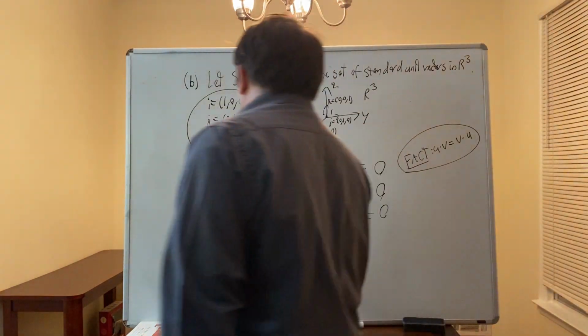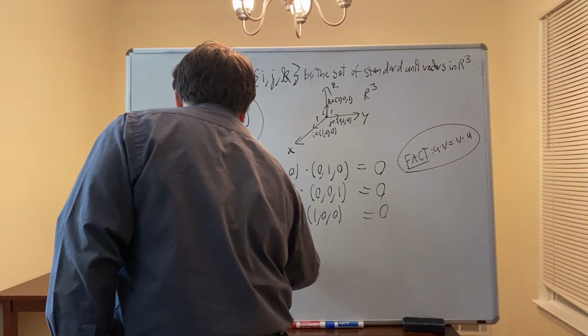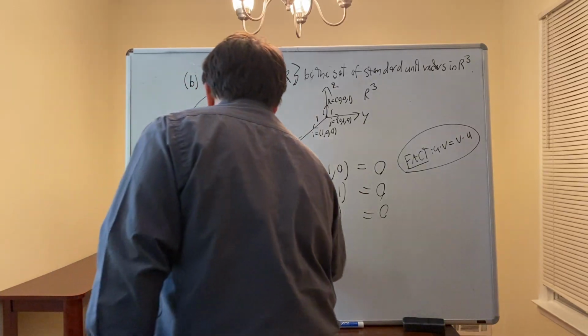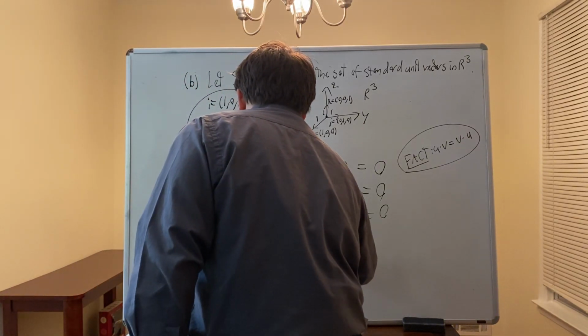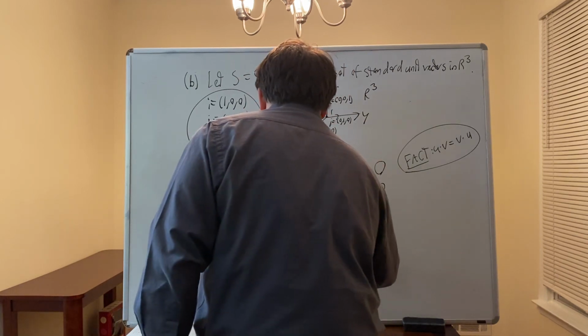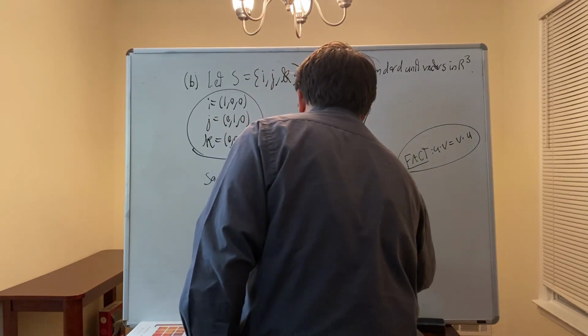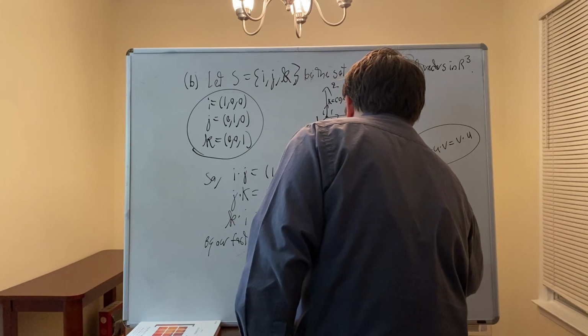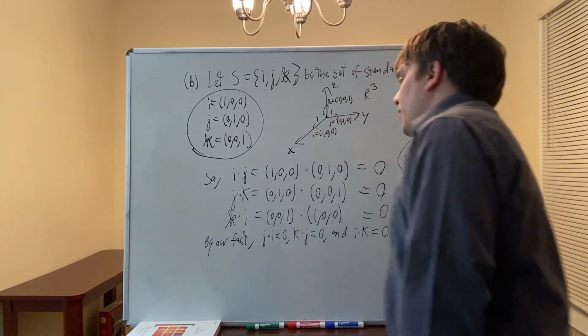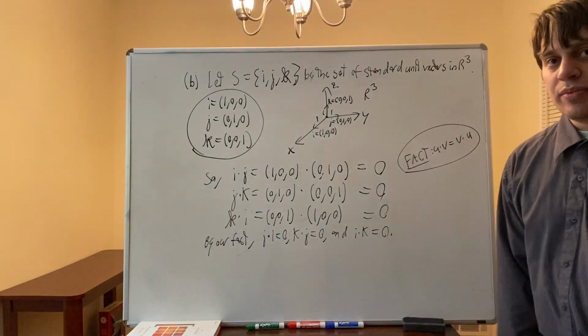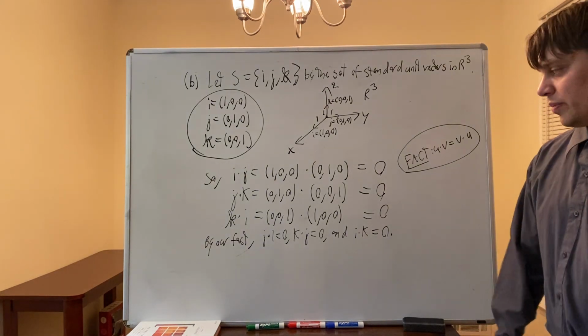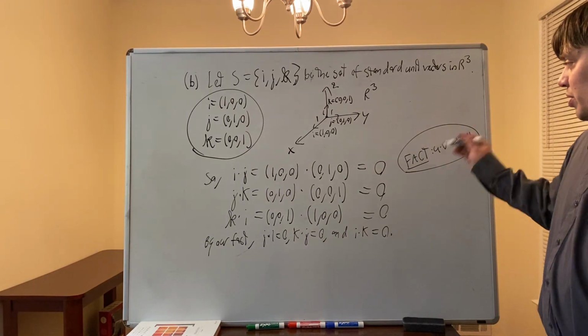Okay? So by our fact on the board there, j dot i is equal to 0, k dot j is equal to 0, and i dot k is equal to 0. So I can just switch the order of the two vectors I'm dot producting each time, and it's still 0, because the order doesn't matter. Okay?